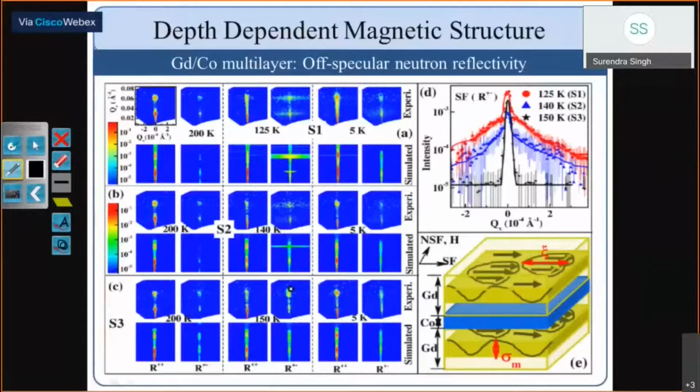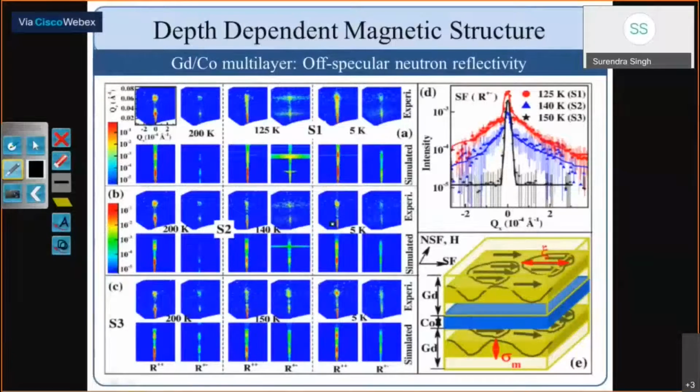Okay, then here I have shown what I just explained, this Qx Qz map, for all the samples, and only for S1 we got this kind of Bragg sheet at the compensation temperature, which says the moments are vertically correlated. For the other systems, S2 and S3, we didn't get it. For S2 the intensity was poor. This whole thing is for S1 at different temperatures.